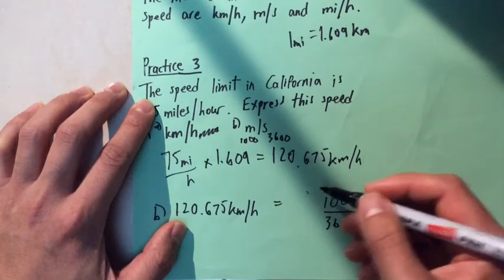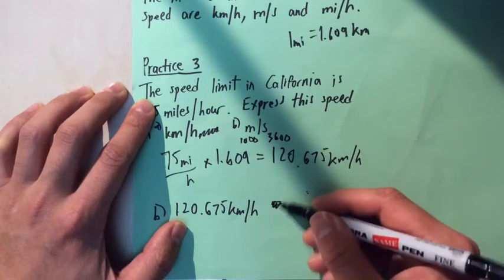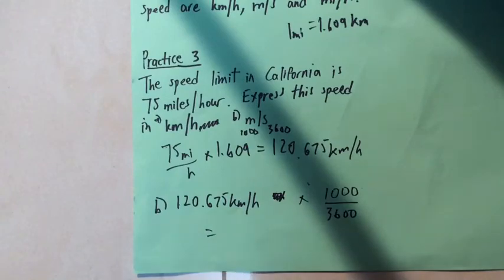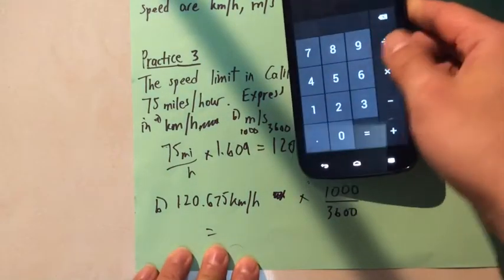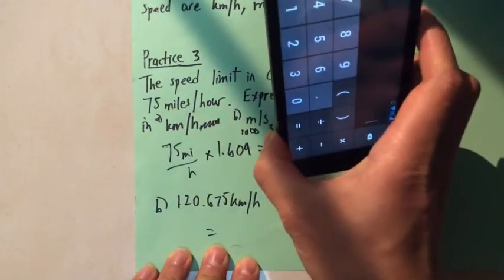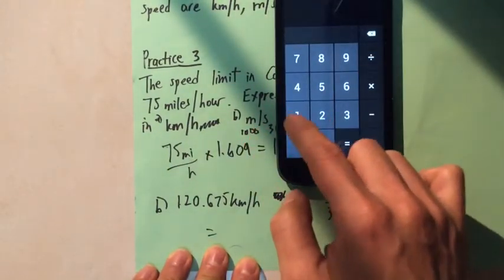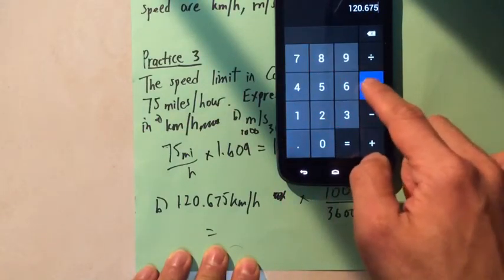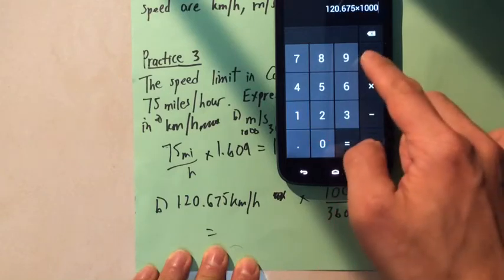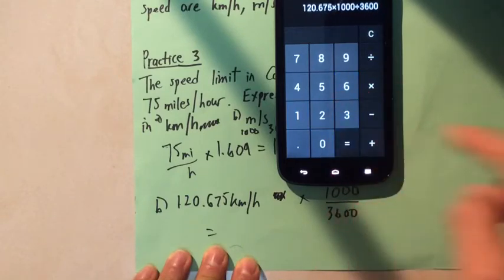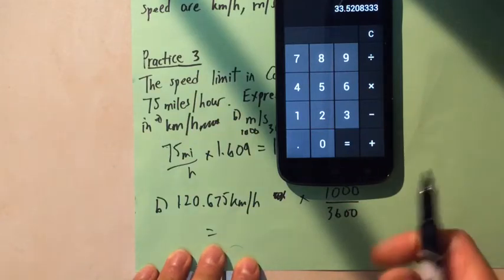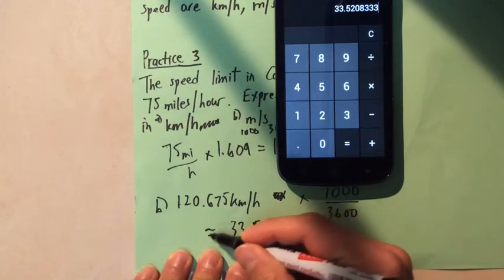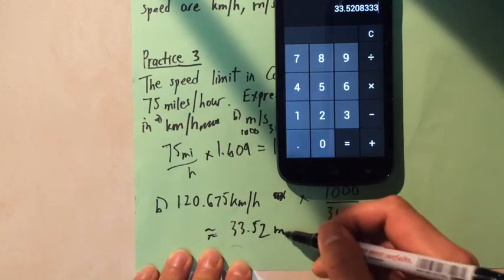So what we want to do is maybe take out the calculator and multiply it. Our answer should be 120.675 times 1,000 divided by 3,600, and we have approximately 33.52 meters per second.